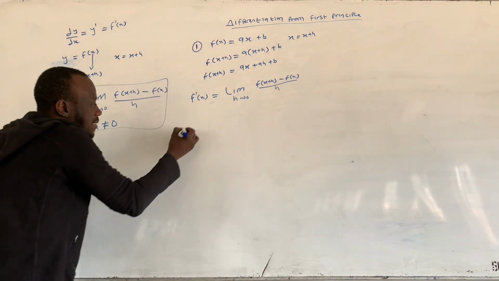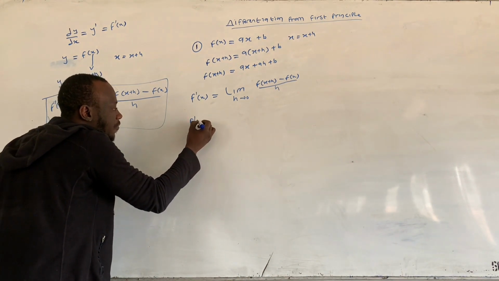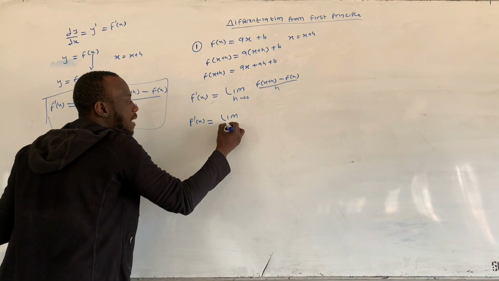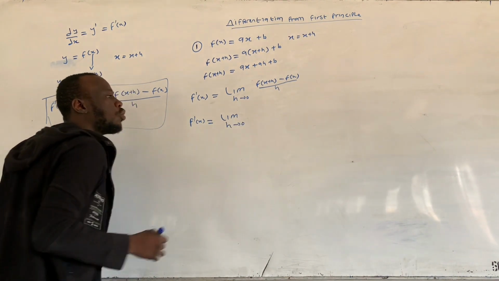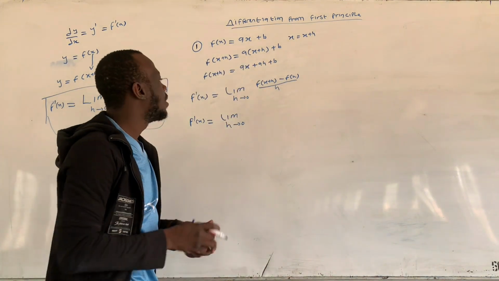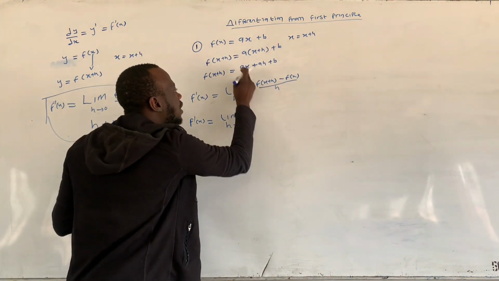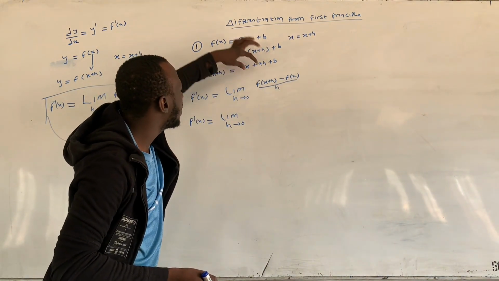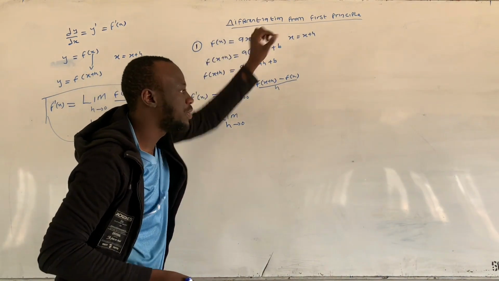From here we can see that f prime of x is the limit as h approaches 0. Now we have to substitute these terms. Our f of x plus h is equivalent to this, so we replace it with a times x plus h, plus b.